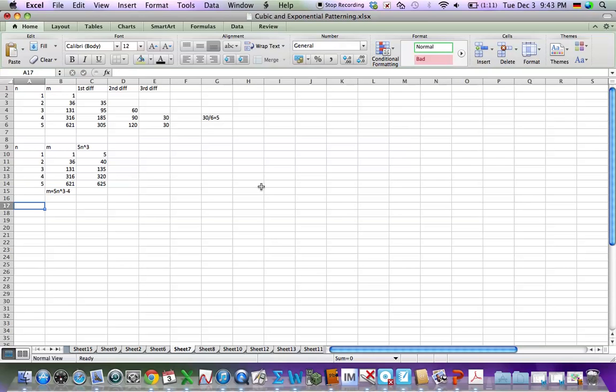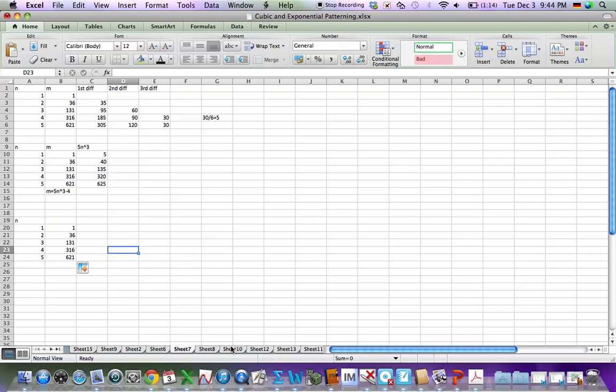And if you're not sure, like as we've done before, put it to the test. So equals 5 times this number cubed minus 4, and we get exactly the right answers. Okay, so that's cubic.